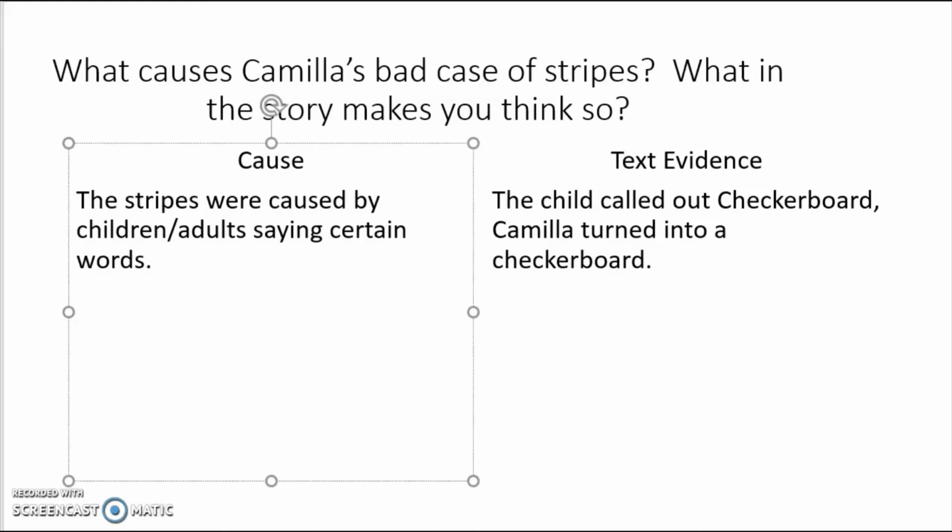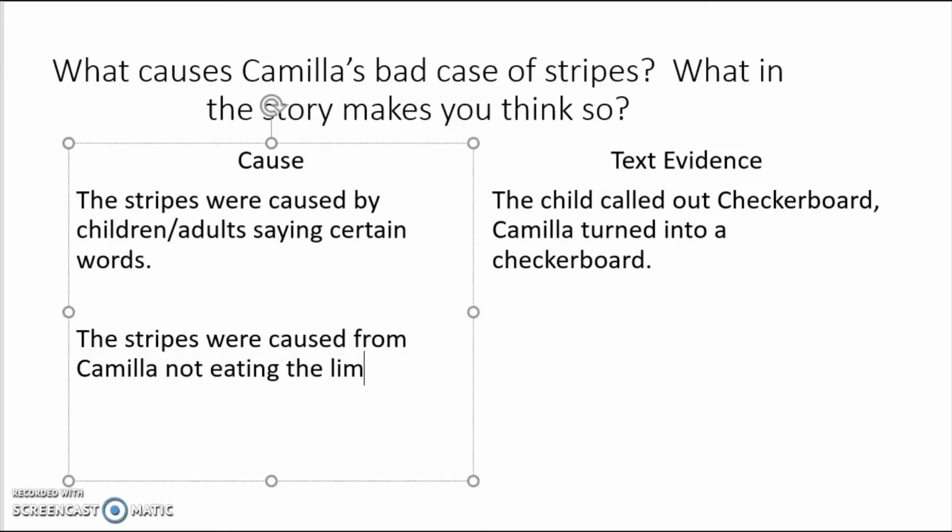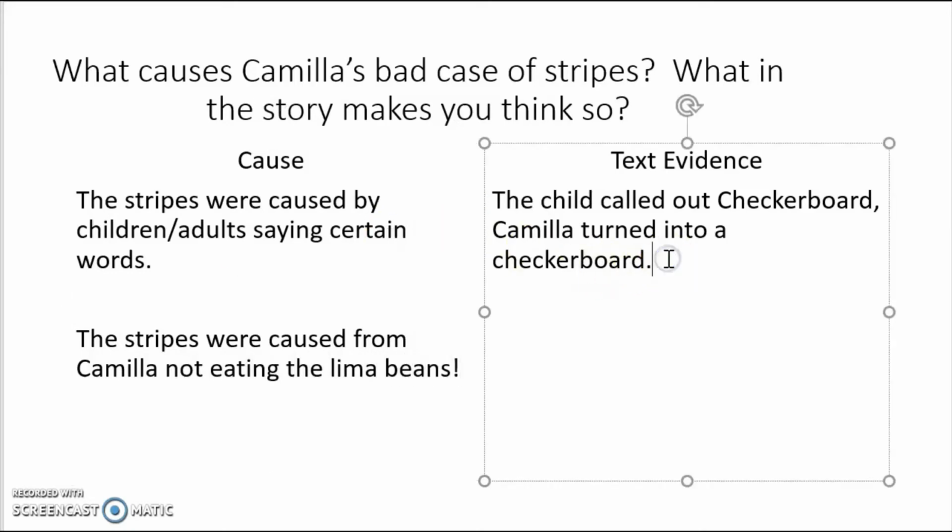Then I talked to Mia briefly and I said, Mia, what are your thoughts? What caused the stripes that appeared? And she said the stripes were caused from Camilla not eating the lima beans. So her thinking was a little bit different than Easton's.